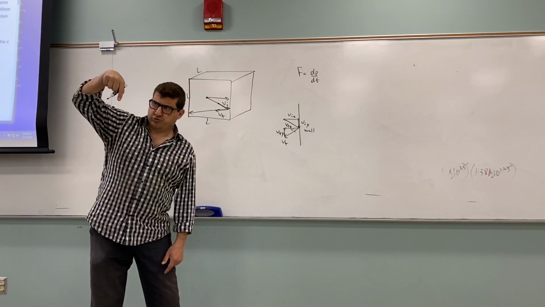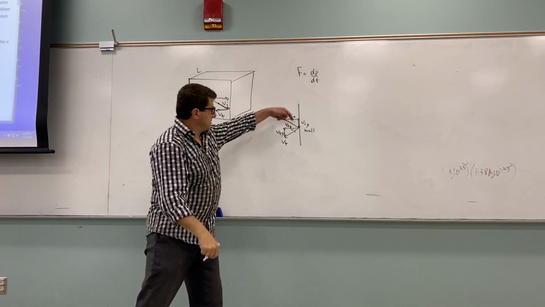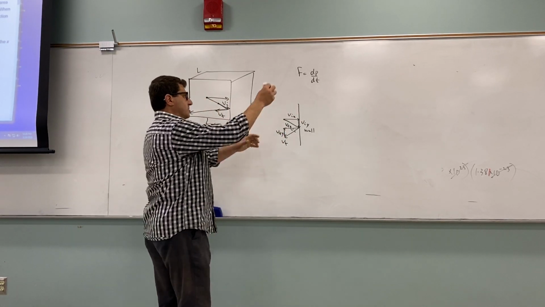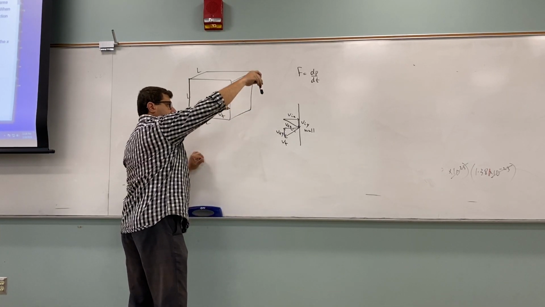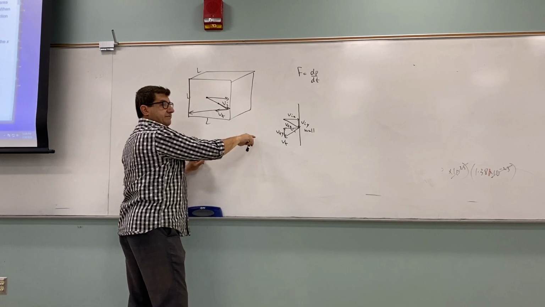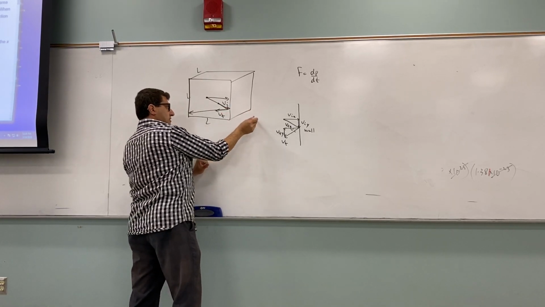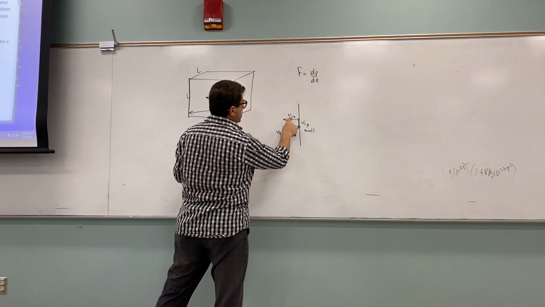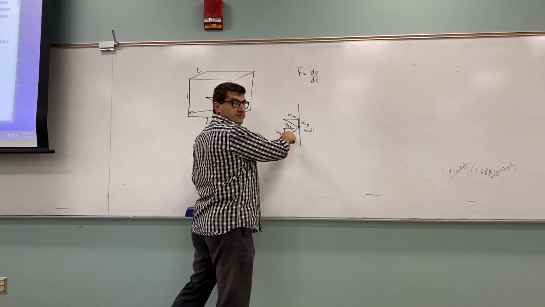So the y component of the velocity is not changing, right? V initial y, V final y is the same. If, let's say, the marker comes like this, hits it, and goes like that, the y component is down, and the final y component is down. It's not changing, but the x component goes like this, then comes back out, you see? So with V initial x and V final x, the momentum in the x direction is changing, okay?